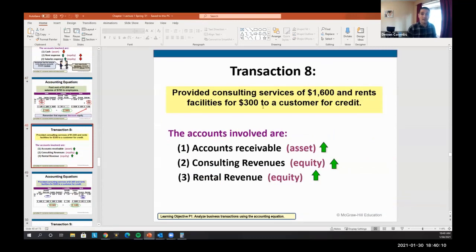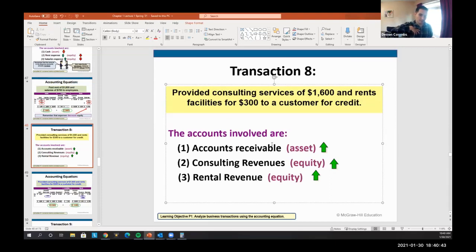Transaction 8: what if we provide consulting services for $1,600 and rent facilities for $300 to a customer on credit? So we earned $1,600, and we also earned another $300 for renting our facilities. Our accounts receivable is going to go up because it's on credit. Accounts receivable means it's money people owe us. So our customer now has a liability.